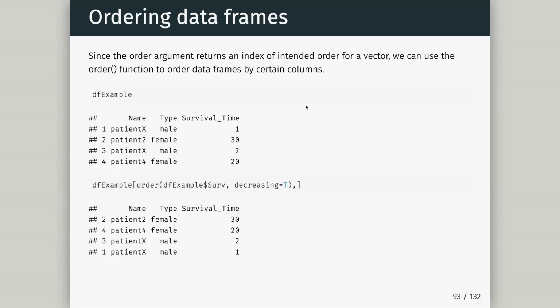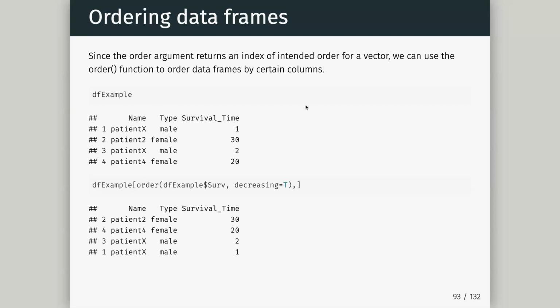Here I'm using the dollar sign, so I don't need to write out the whole name, I can just list the unique part of the column name. I'm saying decreasing equals true, so it's going to order these from highest to lowest. I'm doing it for the rows, so the comma, and then nothing for the columns. Now it's giving me the indexes in order, which means it's going to order my data frame: 30, 22.